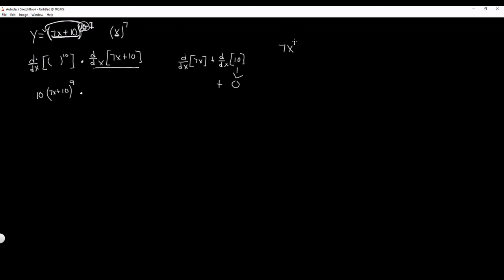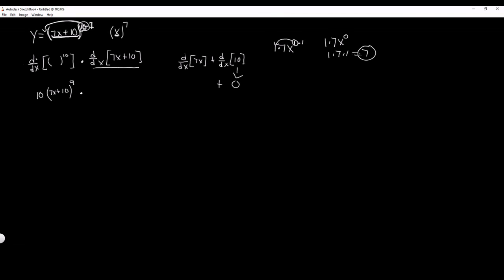Because it's 7x to the first power, we bring the 1 to the front, so this is going to be 1 times 7. We subtract 1 from the exponent, which leaves us with 1 times 7x to the 0th power. X to the 0th power is equal to 1, so this is equal to 1 times 7 times 1, which is just 7.